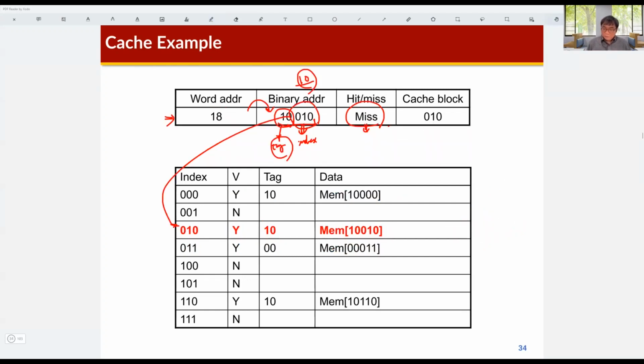And then this cache requests data from the low level cache or memory, and data is transferred from the low level cache or memory. Then new data is allocated to the cache, and the tag is changed to 10, because this is the tag of the newly allocated data. Okay, and then I explain how data is evicted from the cache.